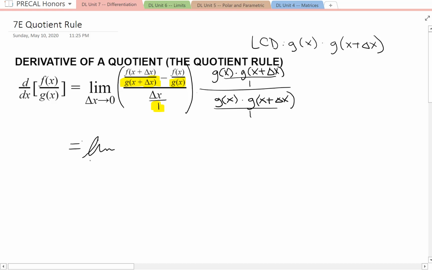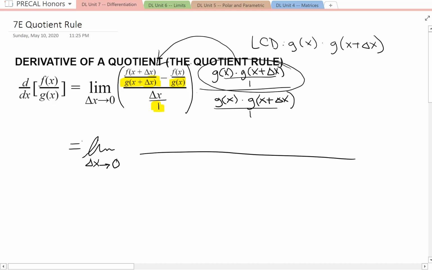So now we have the limit as delta x approaches 0 of this distributed into this.